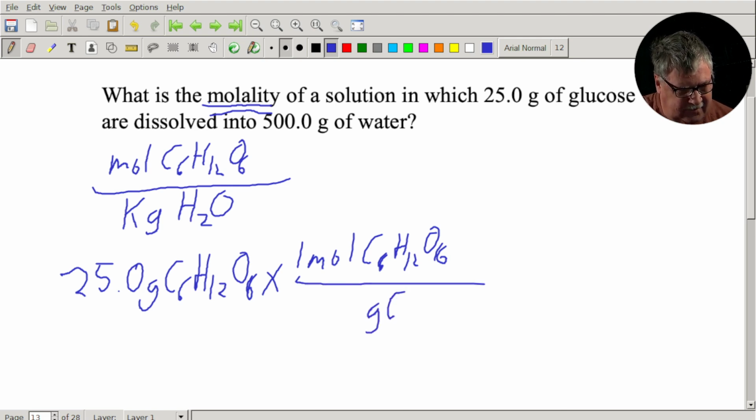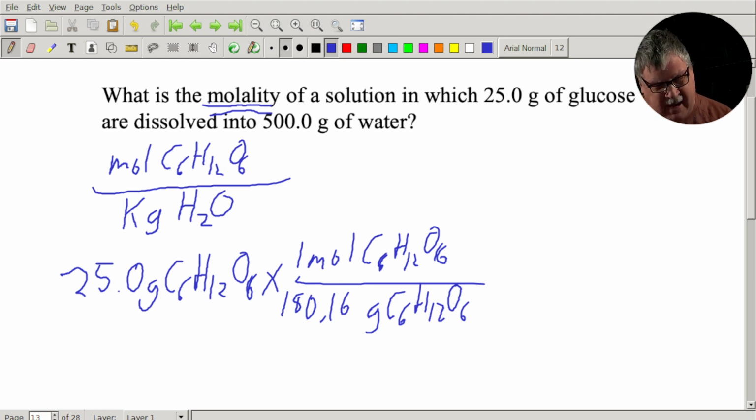Is it 180.16? Yeah, that sounds good. Probably for this one, 180 would do, because we only have 3 sig figs in our mass measurement. But we can round that back later. All right. So that's going to give us the moles of glucose.